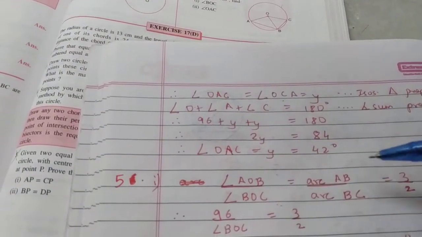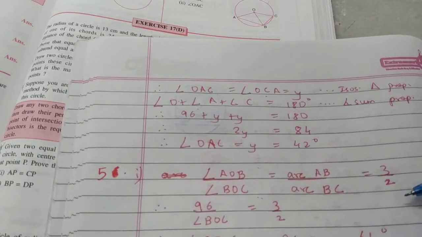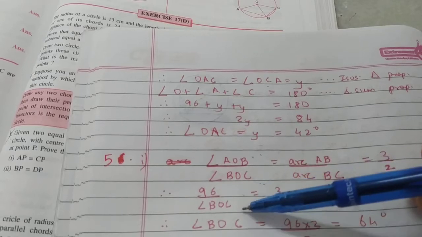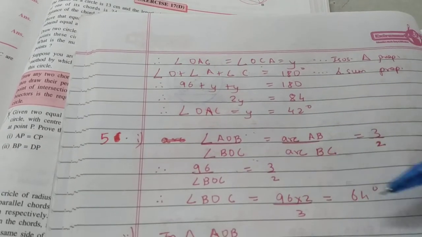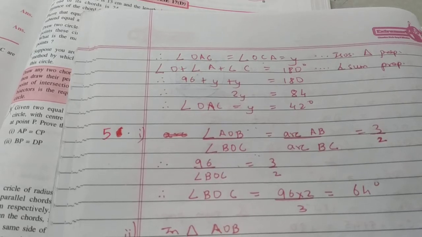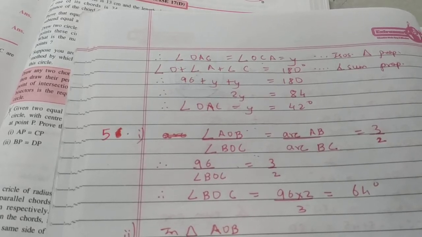So the ratio of the central angles is equal to the ratio of the arcs, which is 3:2. Now angle AOB is already given as 96 and angle BOC is asked, so we can cross multiply and find that. And then in Roman number 2, they've asked us to find angle ABC.